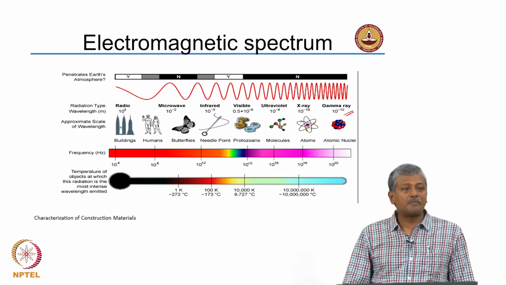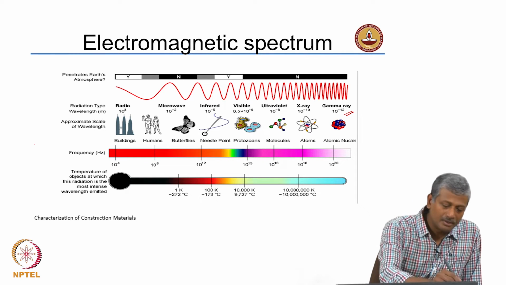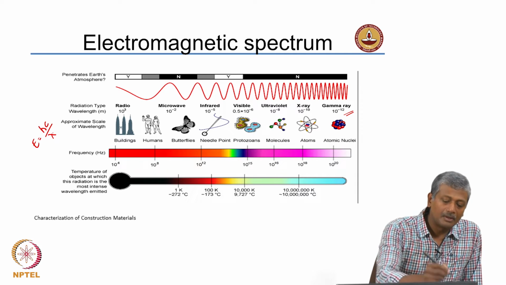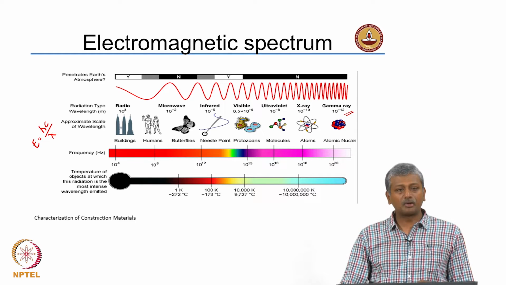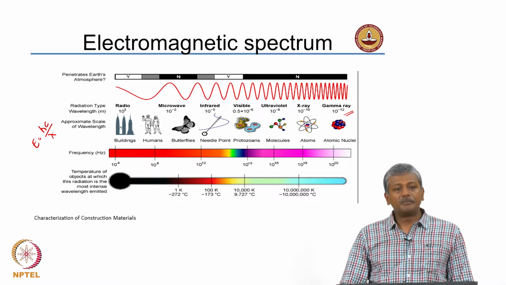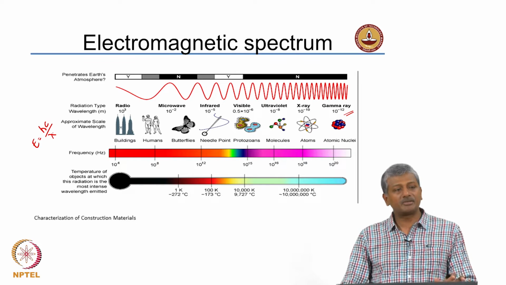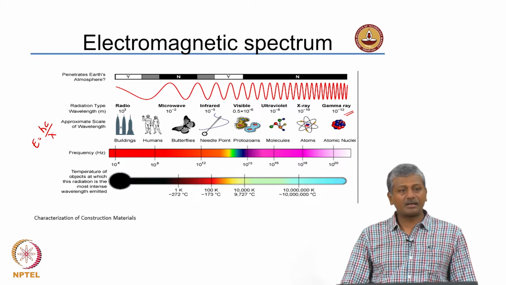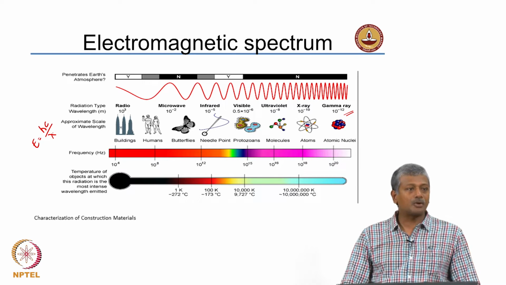Smallest wavelength means highest energy, because energy is equal to h c by lambda, where c is the speed of light in vacuum, 3 into 10 power 8 meters per second. All electromagnetic radiation will move at the speed of light in vacuum. Lambda depends on the type of rays that you have in your electromagnetic spectrum.